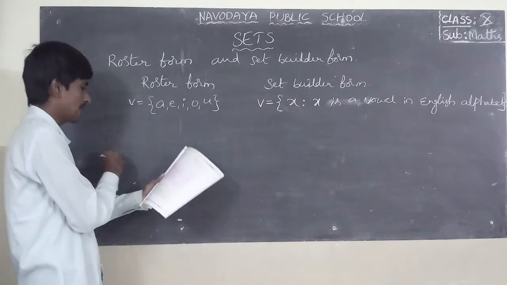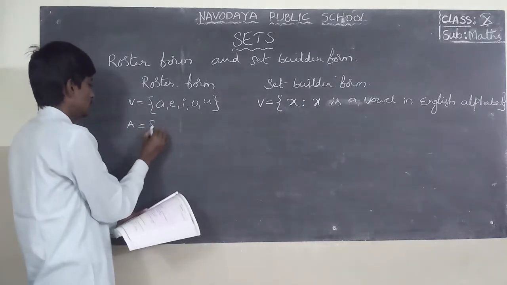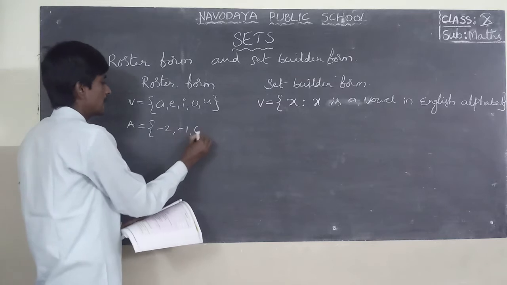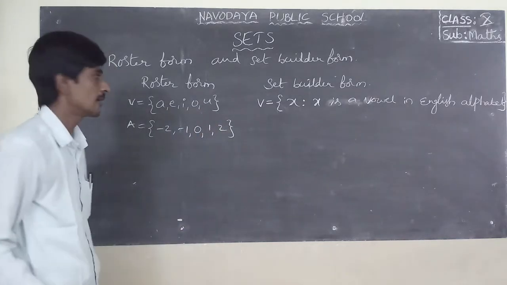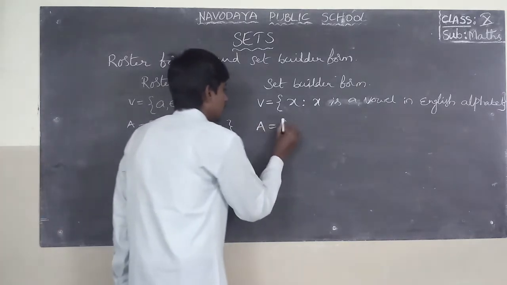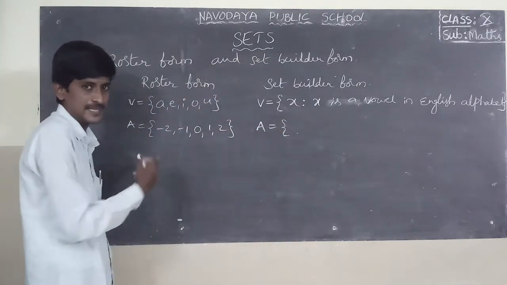Okay. And second one, for example, A equals -2, -1, 0, 1, 2. What are these numbers?